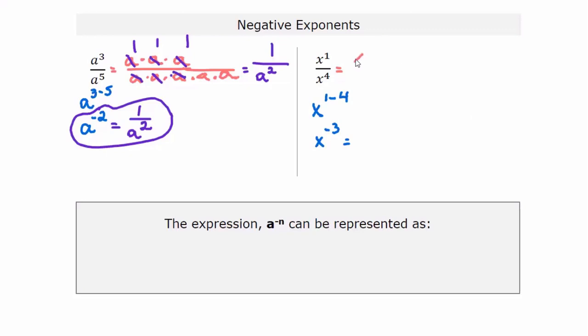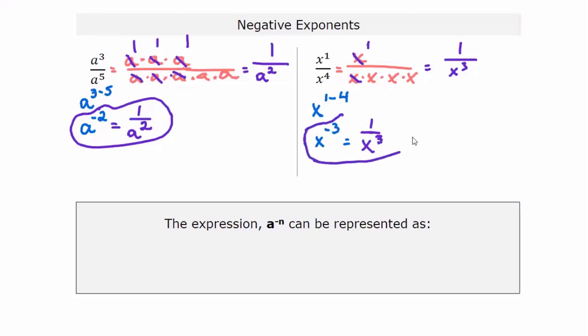So let's expand it. We have x to the 1st divided by x to the 4th, and I'm going to simplify these two. They're going to simplify to 1. So I'm left with 1 over x cubed. And so x to the negative third power is equal to 1 over x cubed.